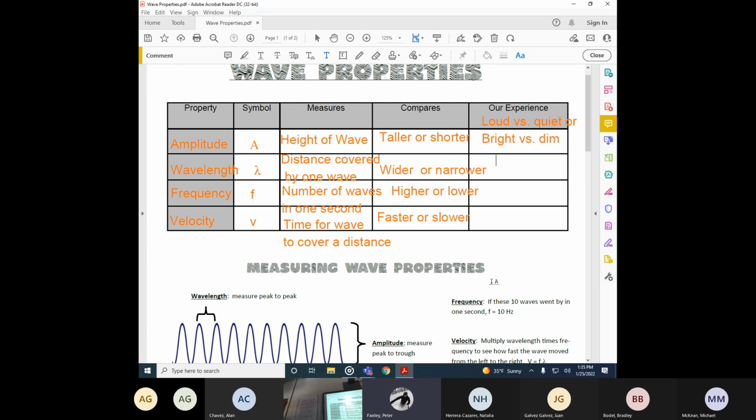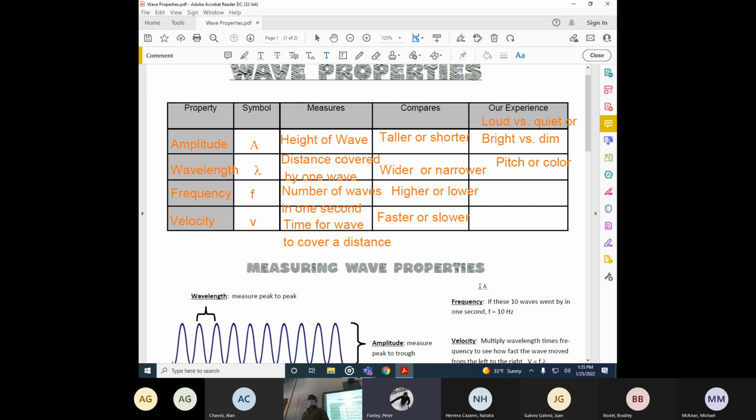How do we experience changes in wavelength for light? Brighter and darker is amplitude. So what happens to light if I change from this wave to this wave? We have changes in color. So when we change the wavelength, we either hear a different pitch, or for visible light, we have changes in color.